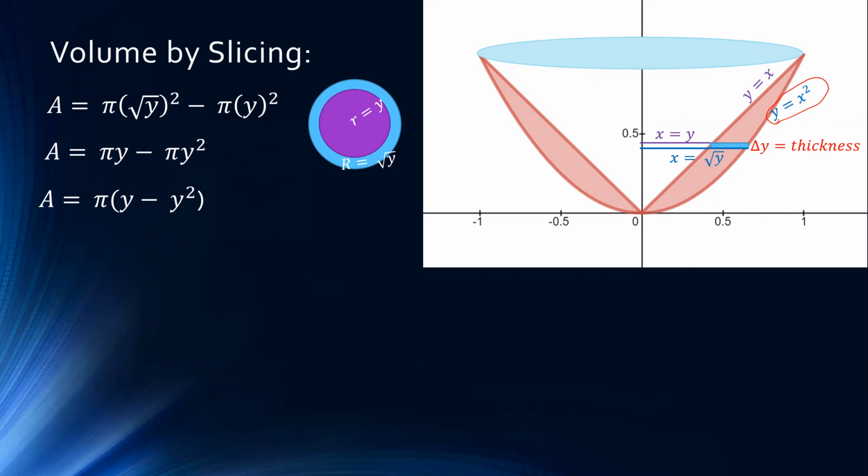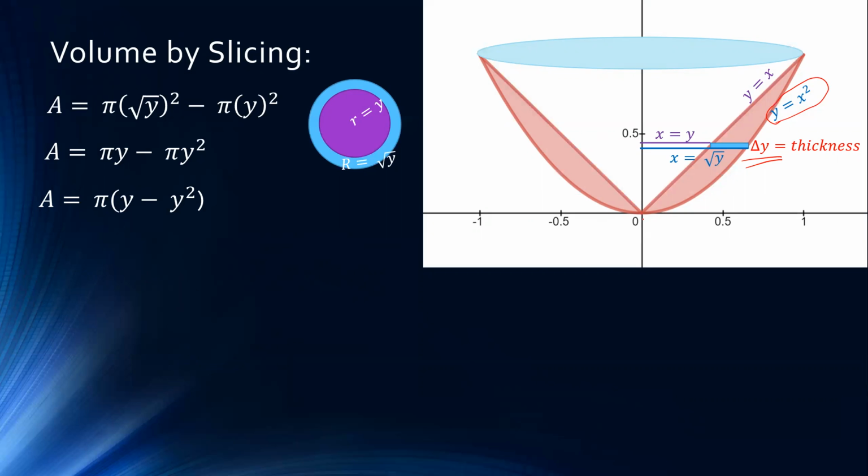Now to find a volume, I would multiply by how thick, which is again dy, and then I would sum up a bunch of circular discs here. Actually circular washers because it's empty in the middle. And then I am going to take the limit as n goes to infinity, which would set up my integral.